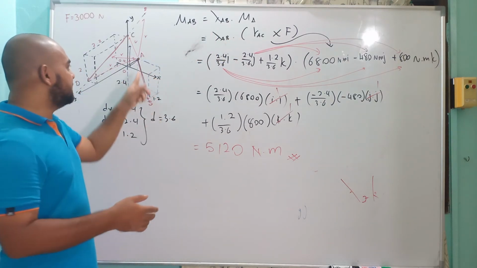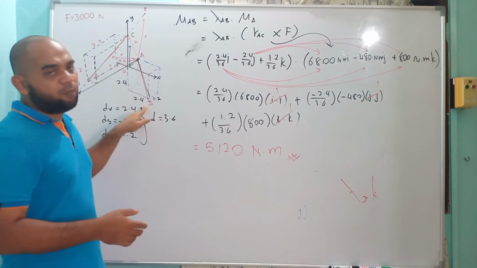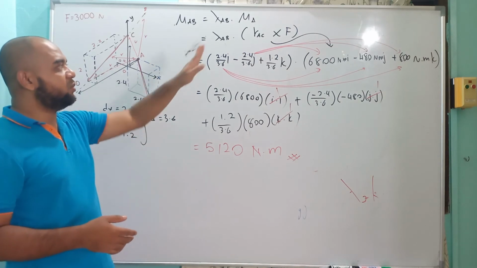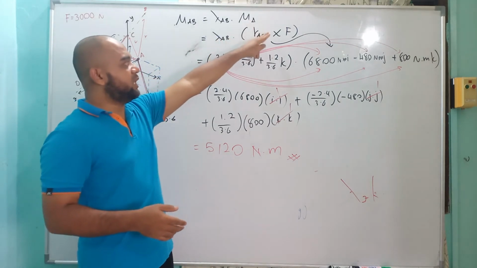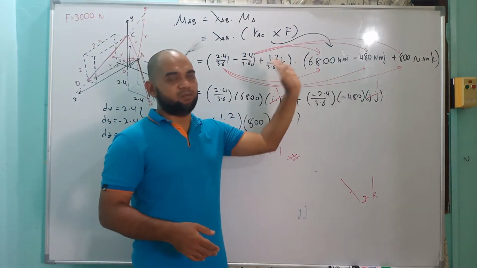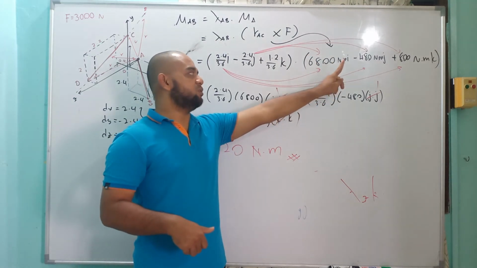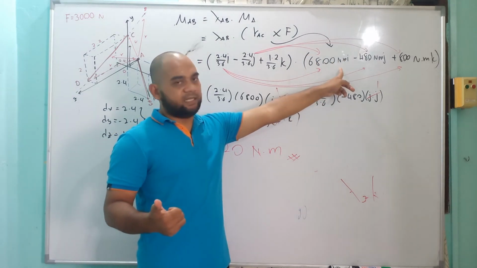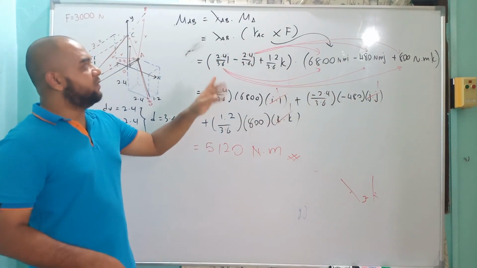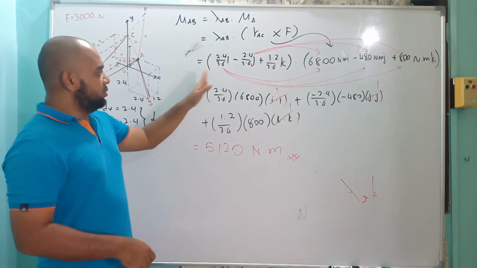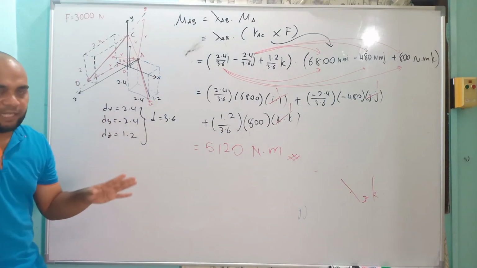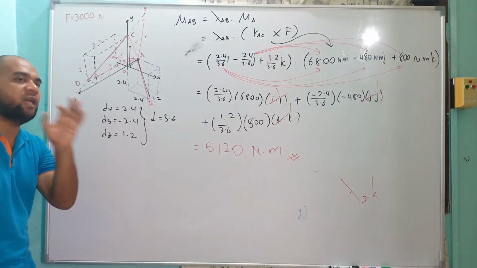In this case we have AB, so you can choose point A or point B. Say we take the moment about point A, which is equal to RAC cross F. We have done the calculation and got this answer; if not, you have to do it one by one from the previous video, so go check the previous video. And this RAC is the vector from A to C. In this case we can use the coordinate method. If it is the first angle method, you use cos theta x, cos theta y, cos theta z.